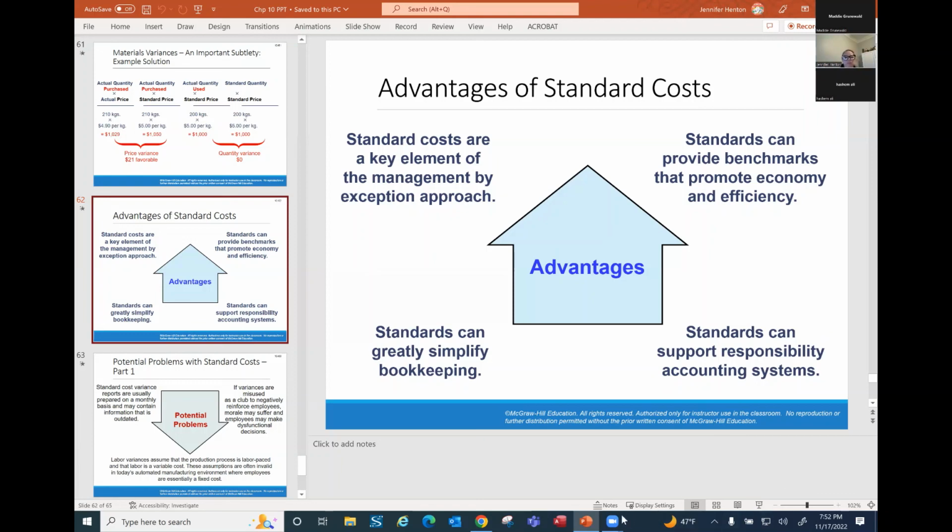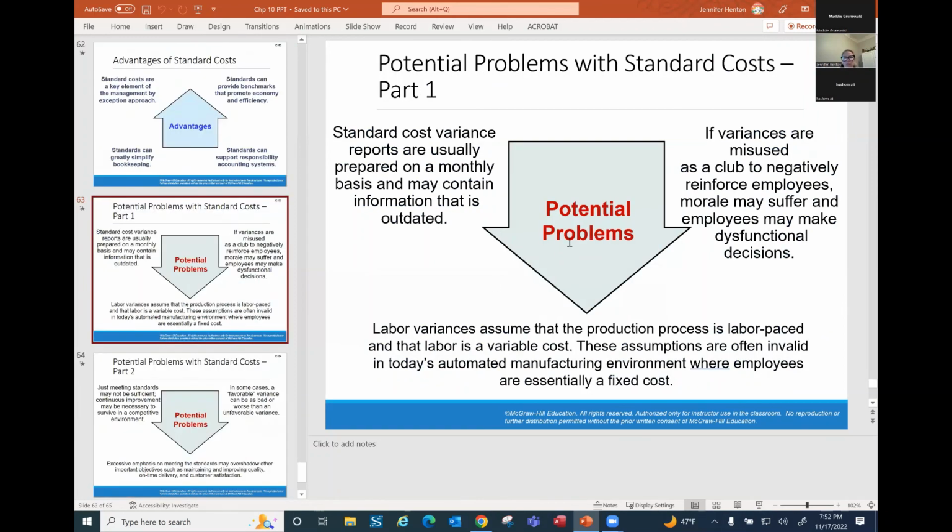There are also some problems with using standard cost. Variance reports are usually prepared on a monthly basis and may contain information that is outdated. So remember, we're always looking at stuff that's happened in the past. It's the only way you can evaluate it. It has to happen in order to look at it. And if the variances are misused as a club to negatively reinforce employees, morale may suffer.